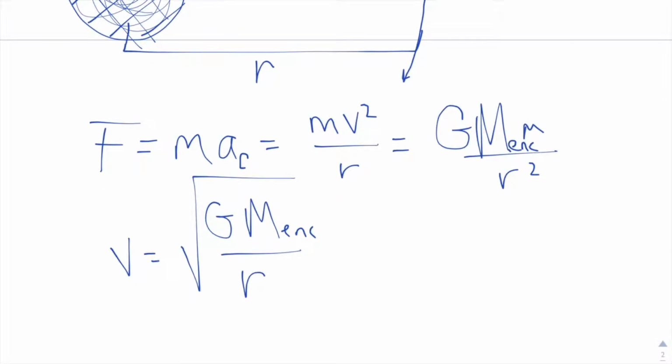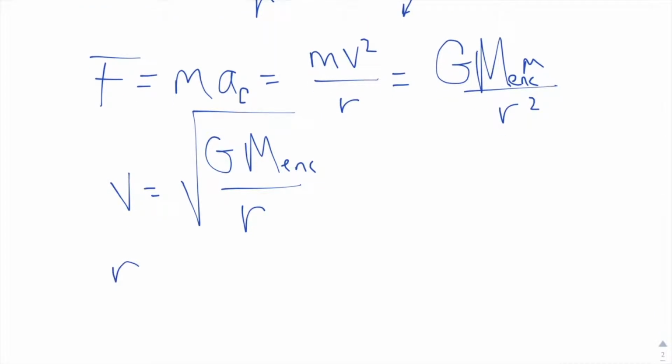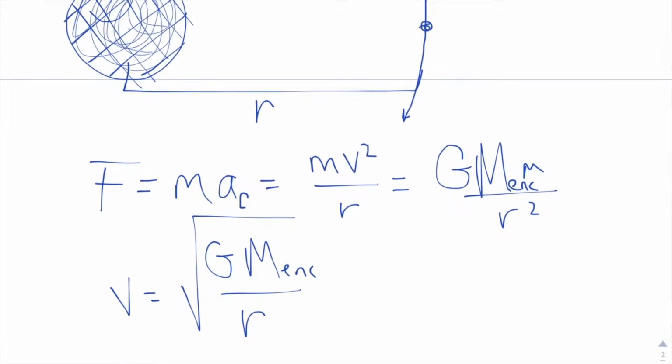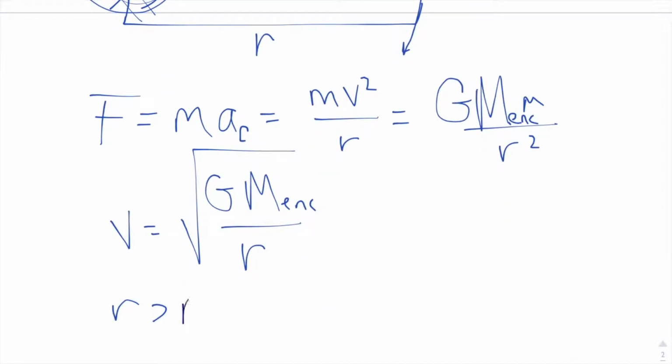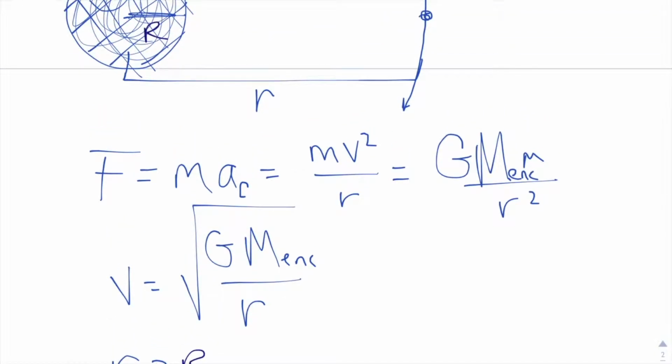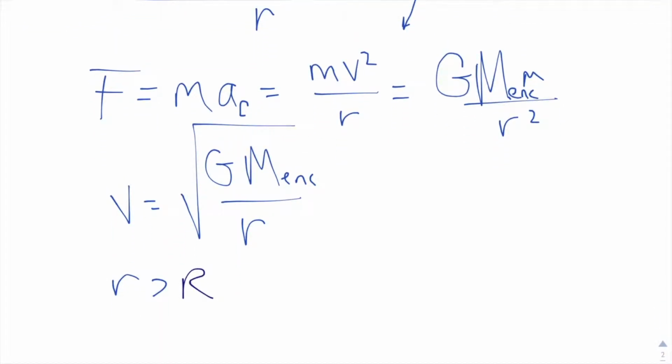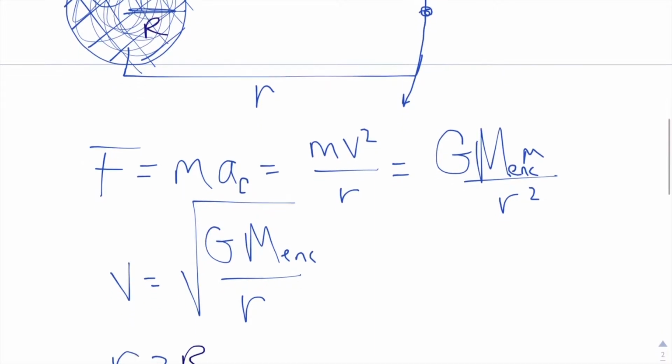Now we'll notice that when r is bigger than the radius of the galaxy, or where all the mass is concentrated, this mass enclosed is just the total mass of the galaxy.